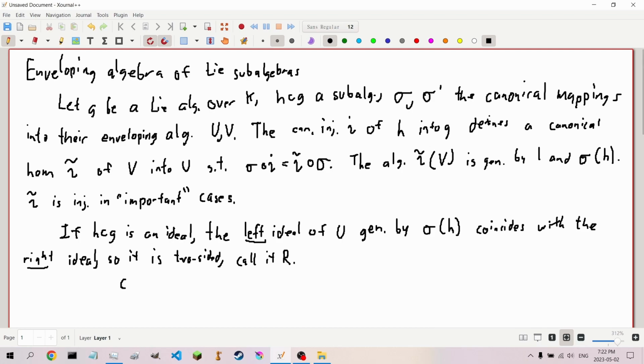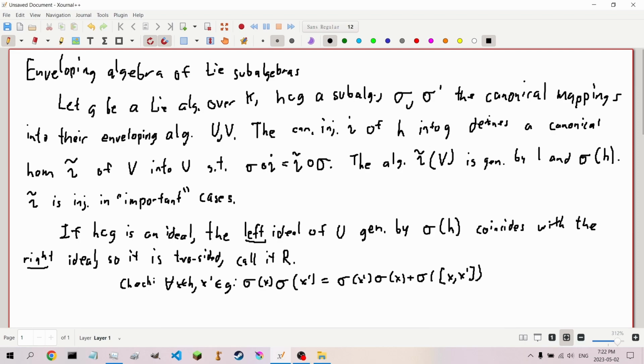And we check that real quick. For all x in H, x prime in our parent G, sigma of x, sigma of x prime is equal to sigma of x prime, sigma x plus sigma of their Lie bracket by definition.